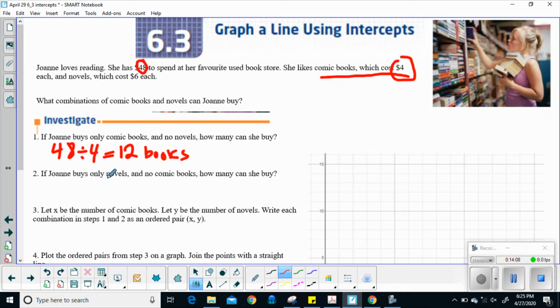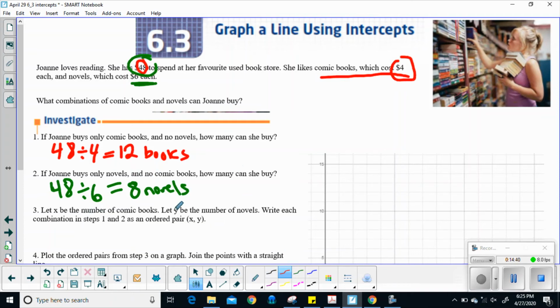Now, if we bought only novels, our novels are going to cost $6 each. So I'm still going to use the same total of $48. Let's divide it out by the 6. And how many times does 6 go into 48? 8 times. So I can get 8 novels. So these actually would end up being my intercepts. Interesting. So in this case, I'm going to let x equal the number of comic books.